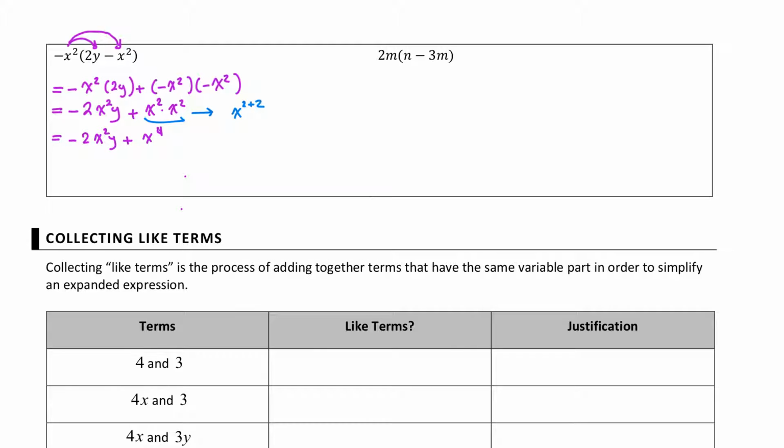That is correct in terms of signs. And I have a negative over here, and that negative will have to change the sign to a positive, and that's what I get over here. So again, negative x squared times 2y gives me negative 2x squared y, and negative x squared times negative x squared, the negatives will make a positive, and x squared times x squared gives me x to the 4.